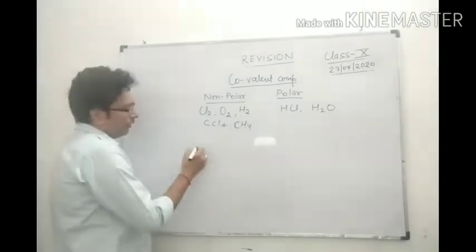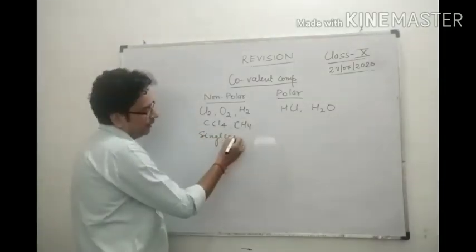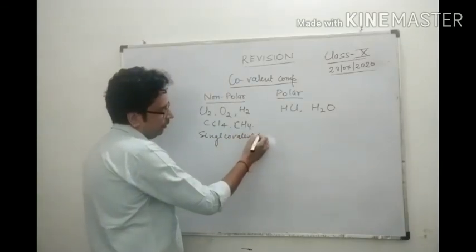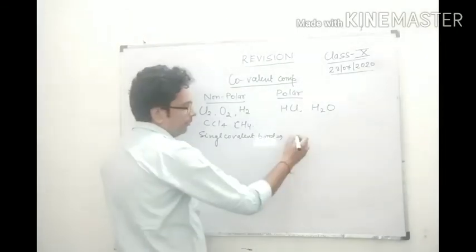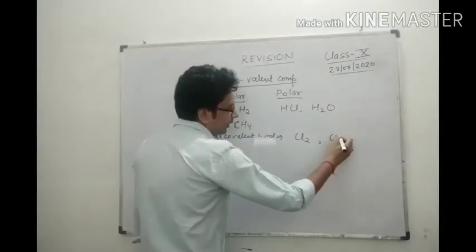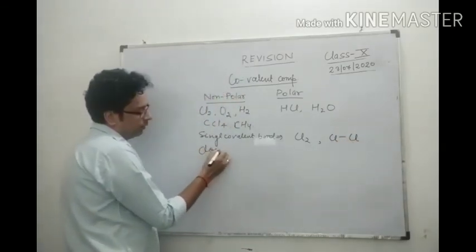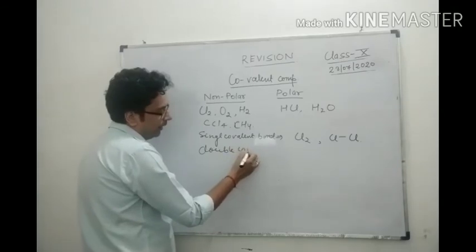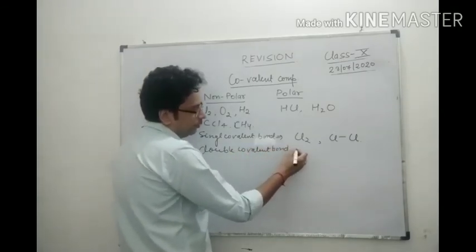Now single covalent bond means sharing of one pair of electrons. Example: chlorine, Cl2. Now double covalent bond means sharing of two pairs of electrons.